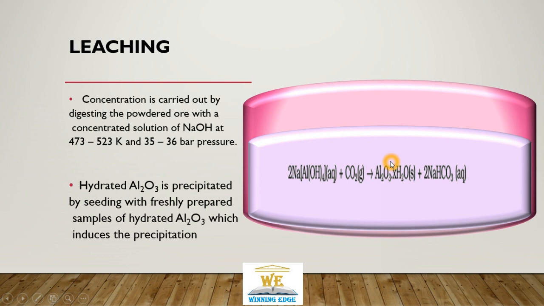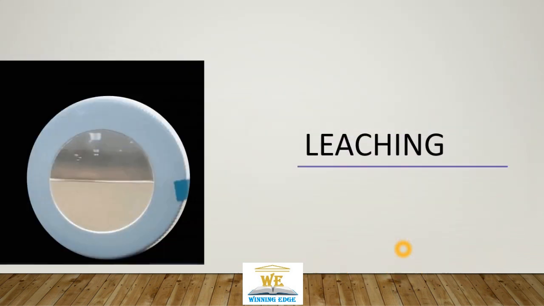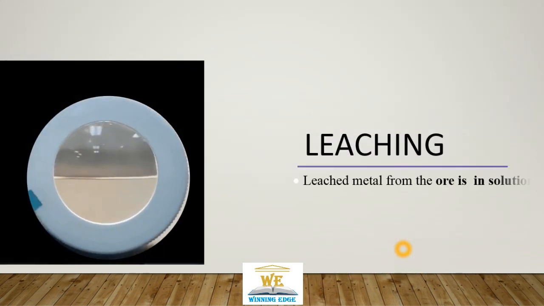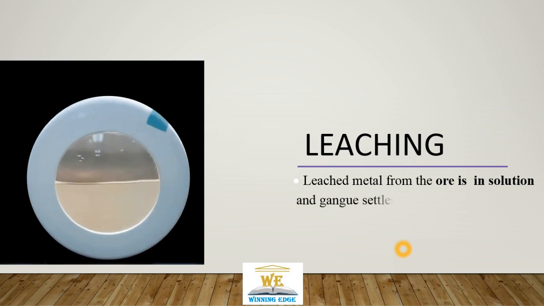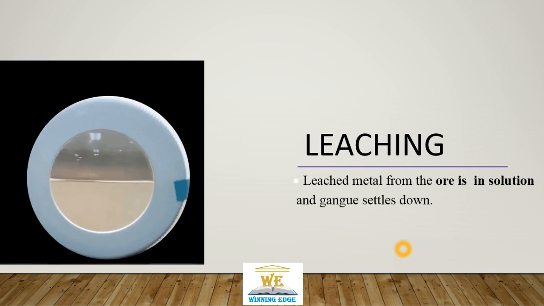This alumina is pure compared to the earlier crude alumina, and can be used for further refining. We heat it up to get anhydrous alumina at a high temperature, roughly 1200 degrees Celsius. Leaching. Now the leached metal from the ore is in solution and gangue settles down. This is a clear solution from which we can get our metal.